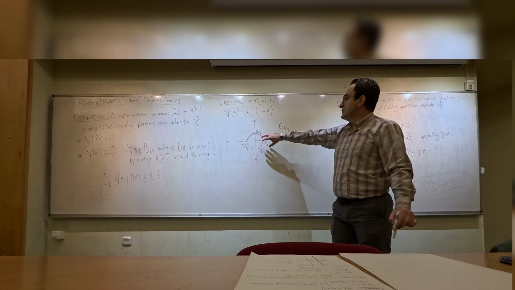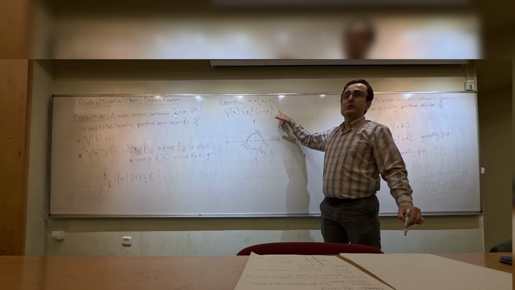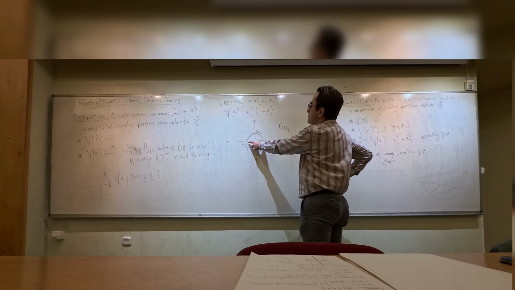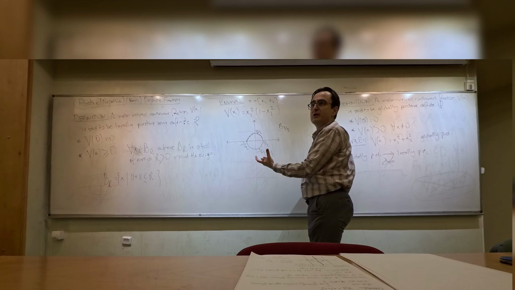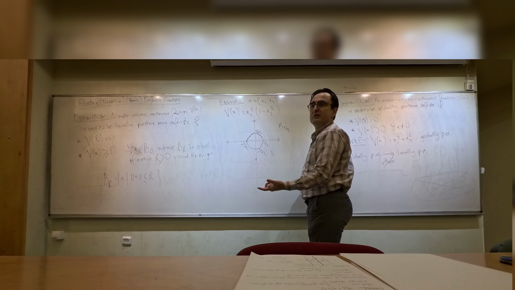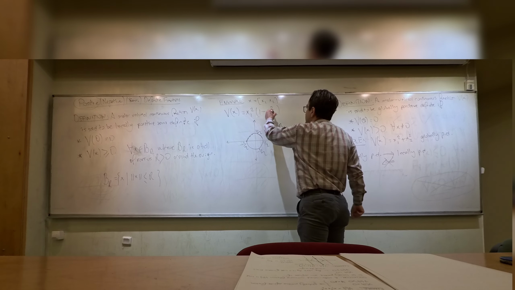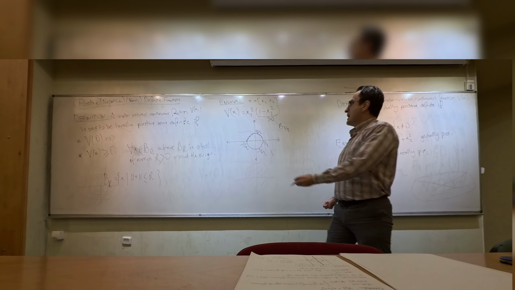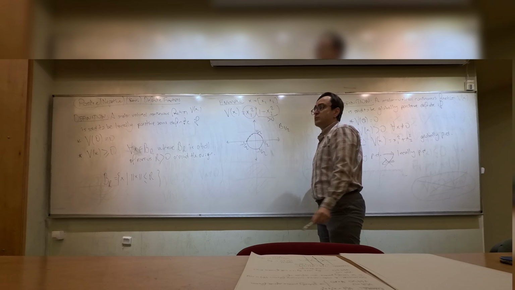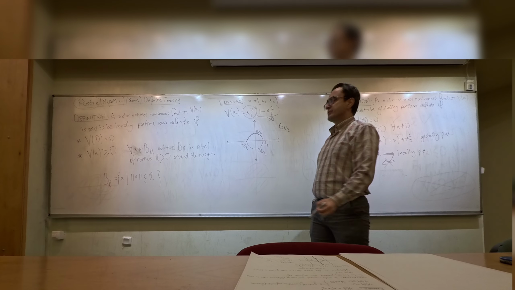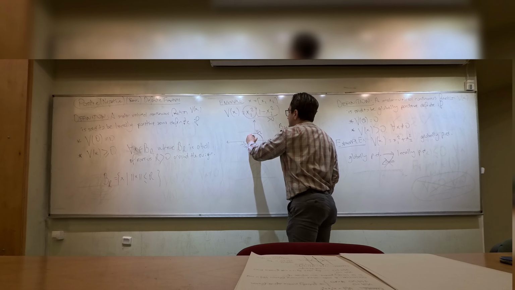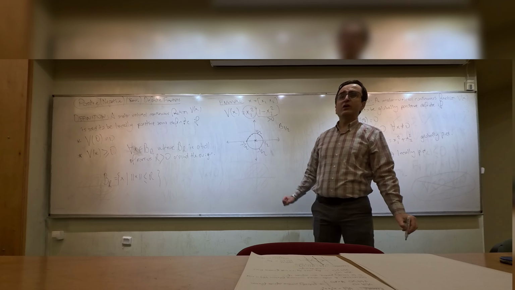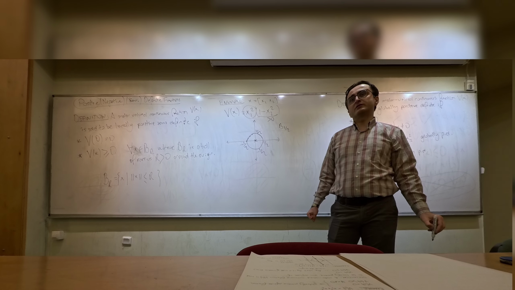In this ball, this term will not be able to change sign, and this is true for any ball with radius smaller than 1. So 1 over 2 is just one example. I also know that x1 squared is always non-negative, and the function is 0 at the origin.